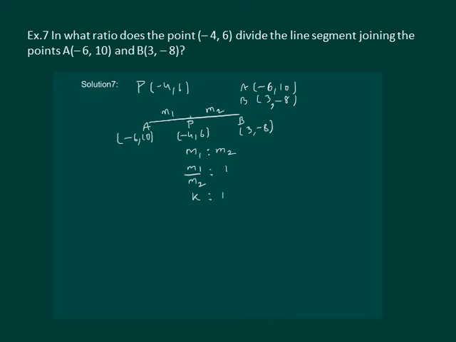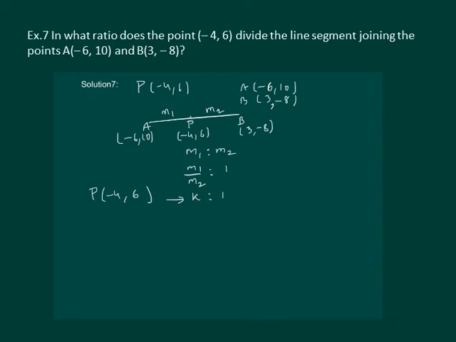So now we will find the ratio k is to 1, and we will interpret that point P divides AB internally in the ratio k is to 1.